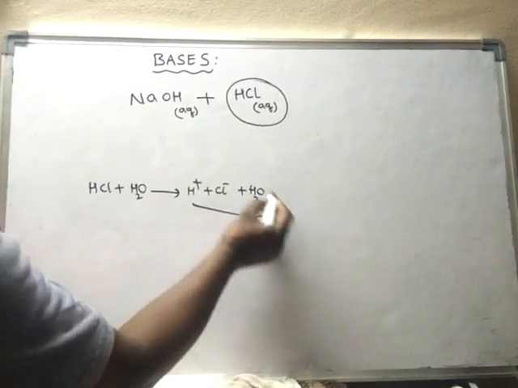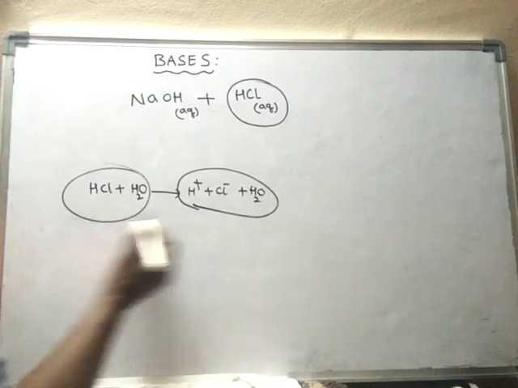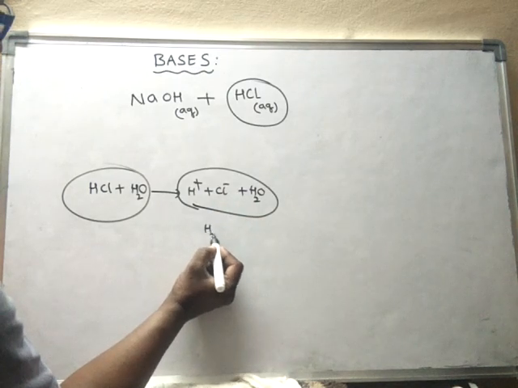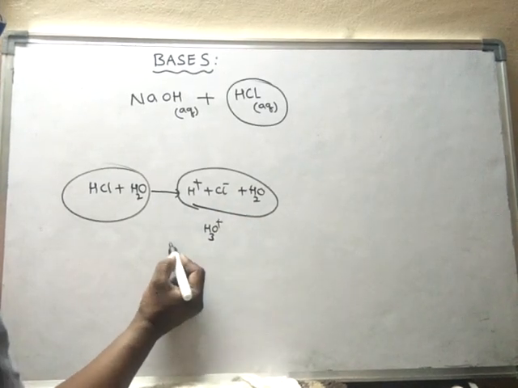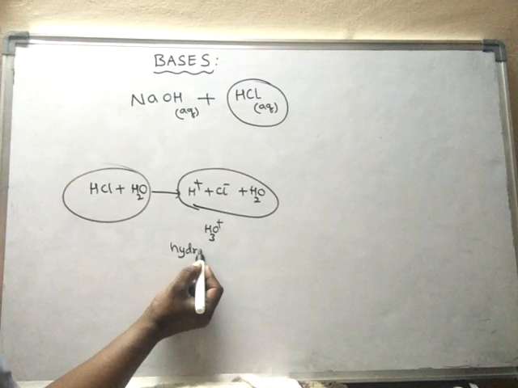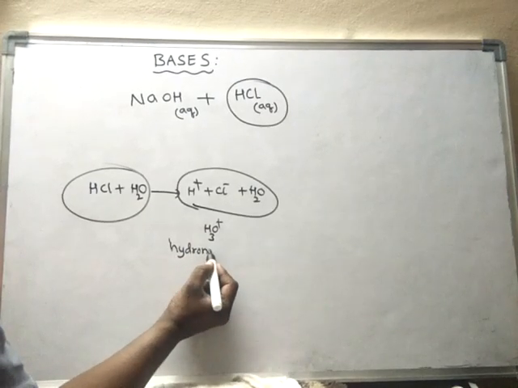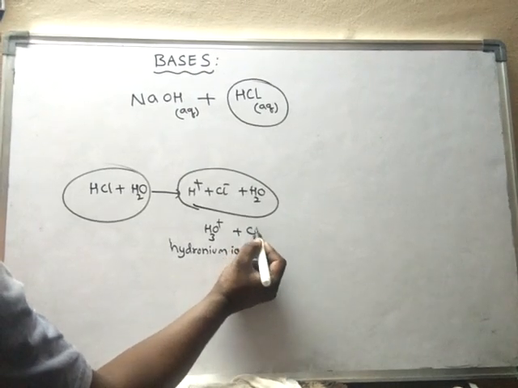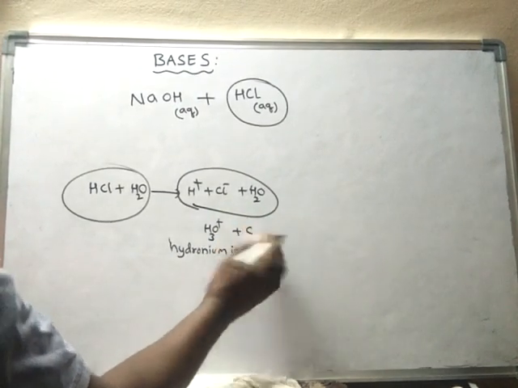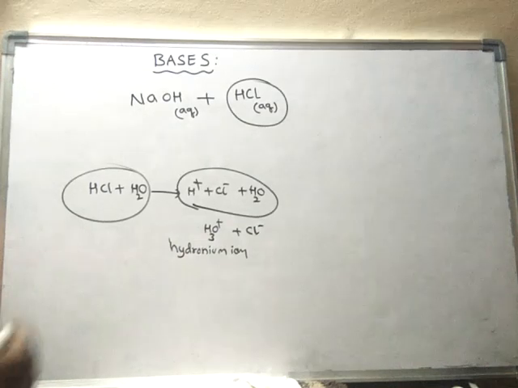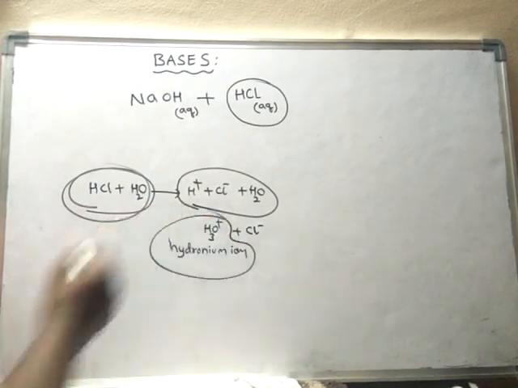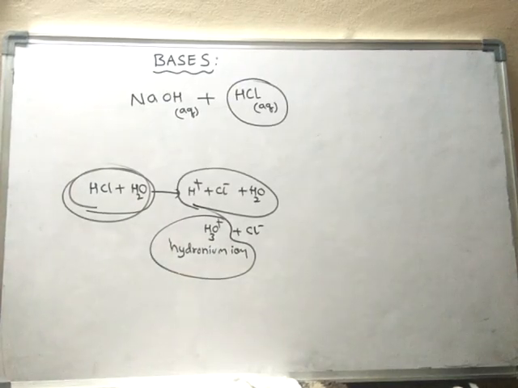When these two combine, they form a hydronium ion. So hydronium ions and Cl minus are formed. So aqueous solutions of acids contain hydronium ions. This is the very important thing.